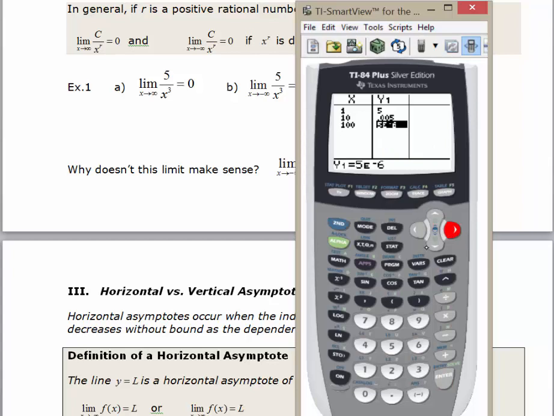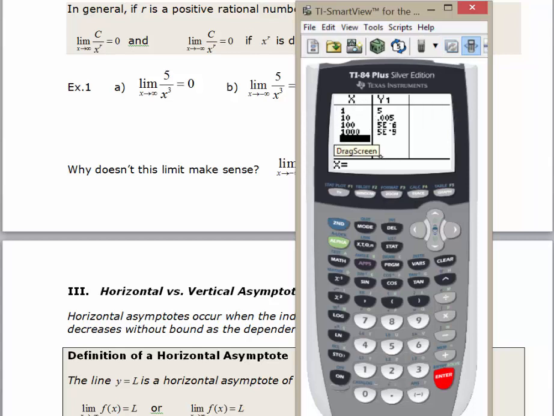When I want to approach infinity, I just keep choosing larger and larger values for x, and at some point you can see here I'm getting 5 times 10 to the negative 9. That is a decimal point with 8 zeros and a 5, and you can see that this is approaching 0.